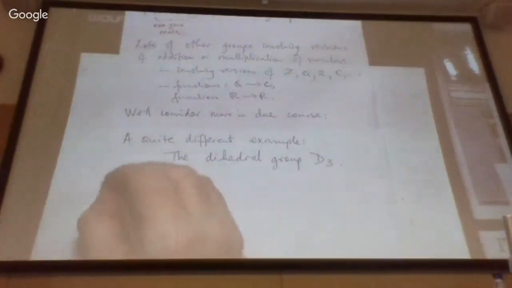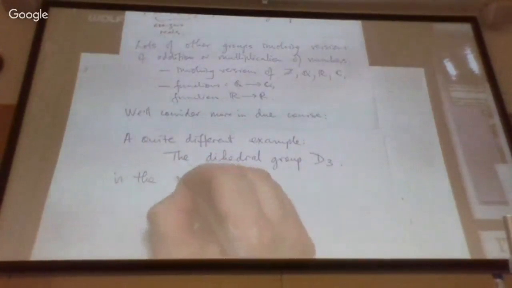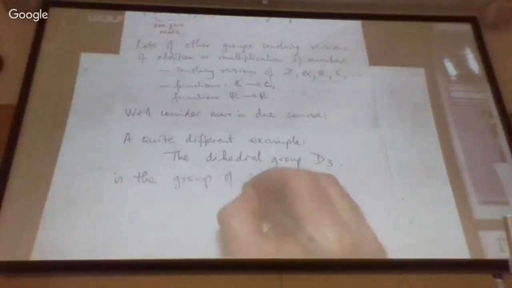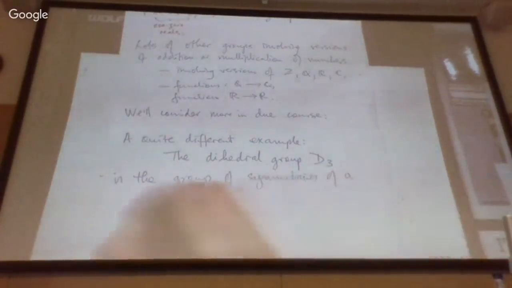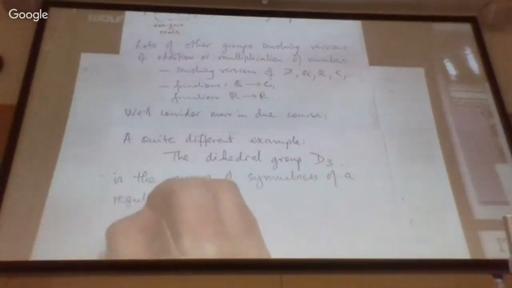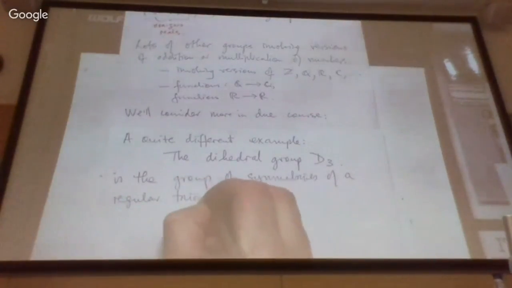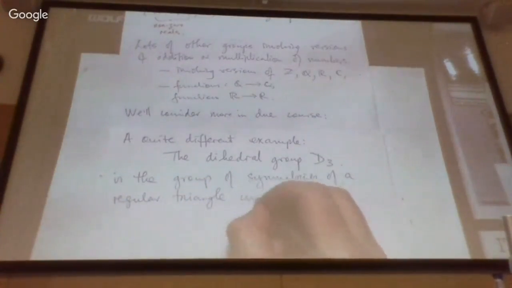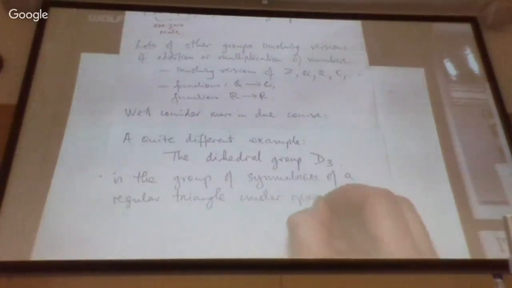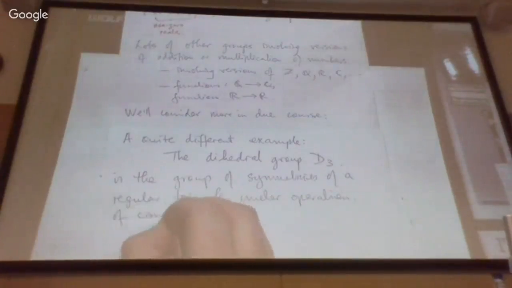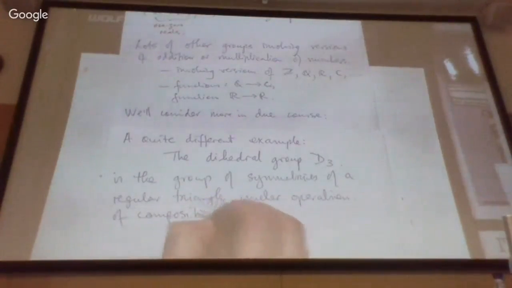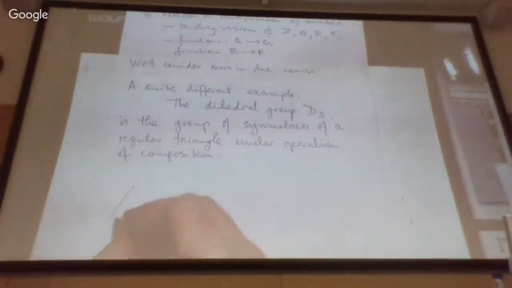And this is the group of symmetries of a regular triangle under the operation of composition, composing functions.